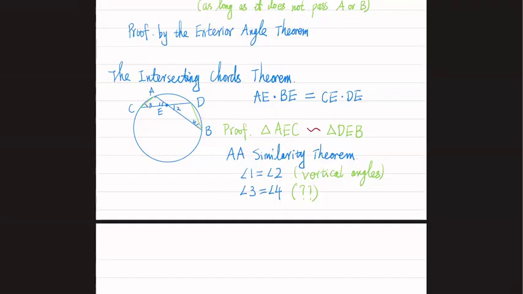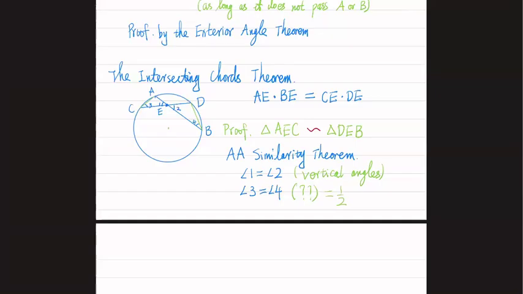Because angle 3 is the inscribed angle for A and D. This is another inscribed angle for A and D. They both equal half of the central angle.